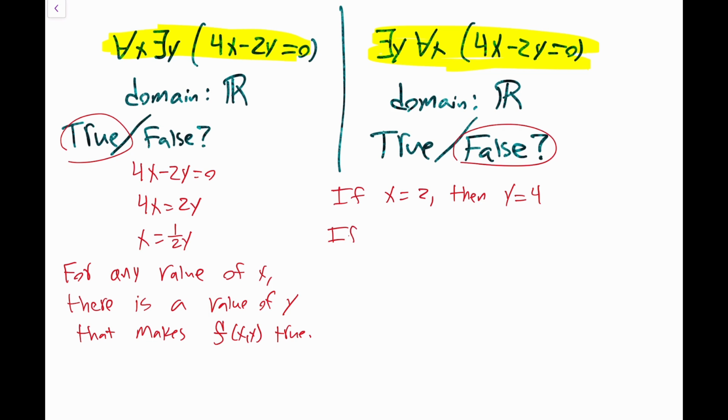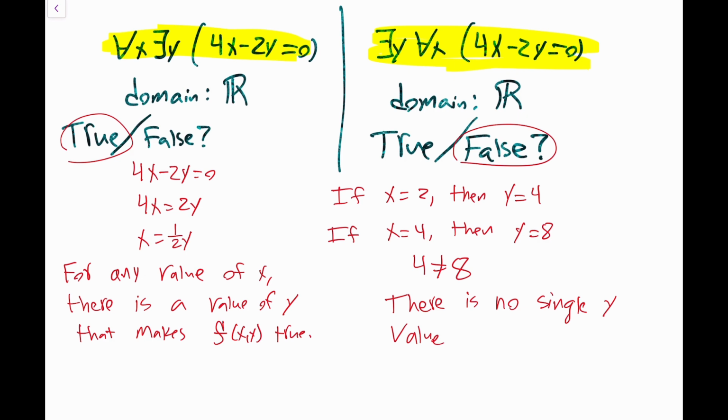But if x is equal to 4, then y would be 8. And clearly 4 does not equal 8. So there is no single y value for any x value that makes the function true. That's why it's false.